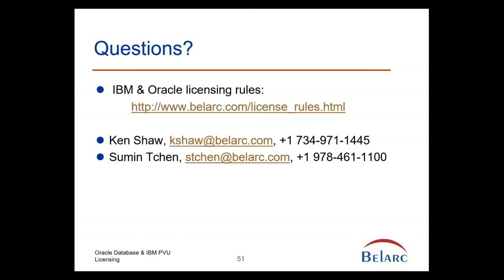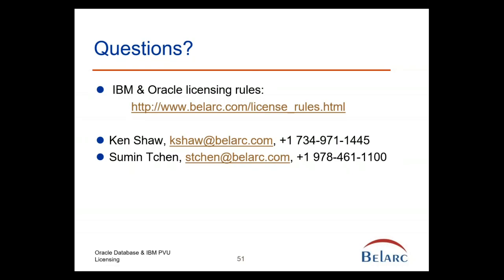There was a mention of Belarc's discovery analysis tools. You said you have one for each of Oracle as well as IBM. Yes, and Microsoft's included also. So we do the gamut. We're not really relying on manual methods for discovery and normalization.